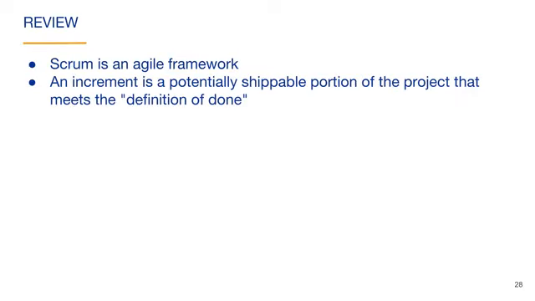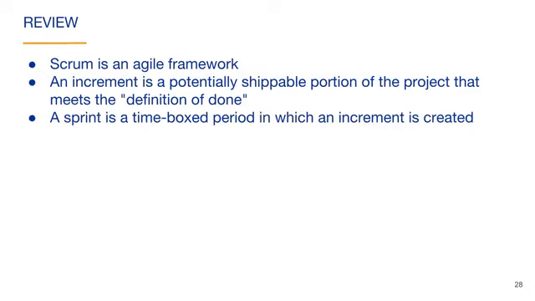Here's a review of what we've discussed in this video. Scrum is an agile framework. An increment is a potentially shippable portion of the project that meets the definition of done. A sprint is a time-boxed period in which the increment is created.